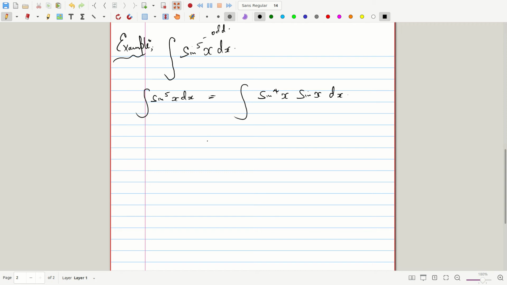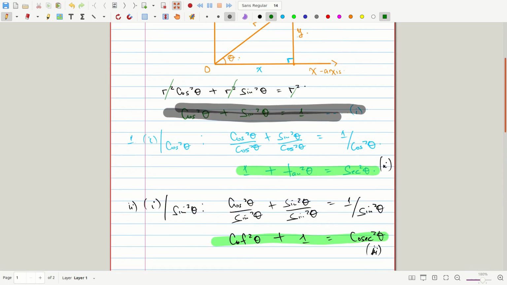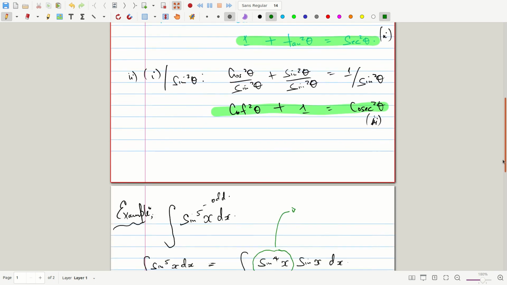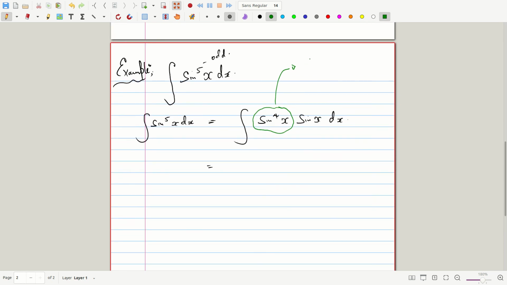Since this is an even power, we can make a substitution. Why? Because we have been reminded that cos squared plus sine squared equals 1. Therefore, we can see that sine squared x is going to be equal to 1 minus cos squared x. But this is sine to the power 4, so it simply means that we are going to square this.